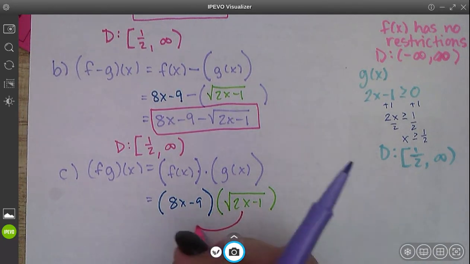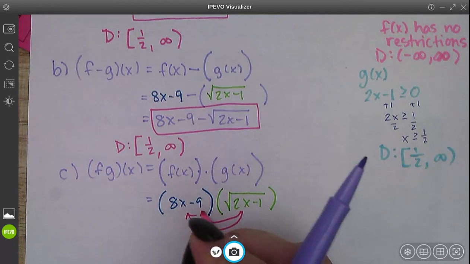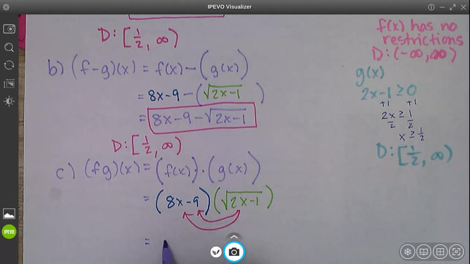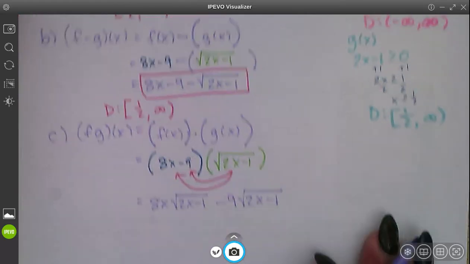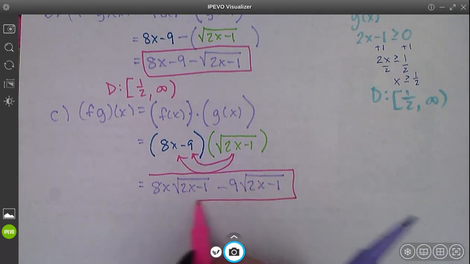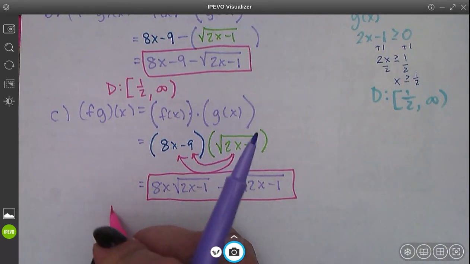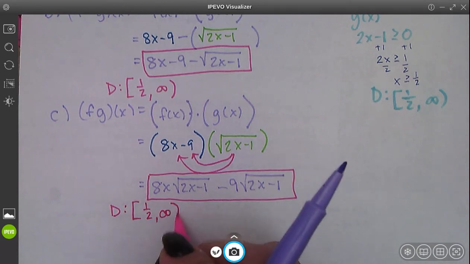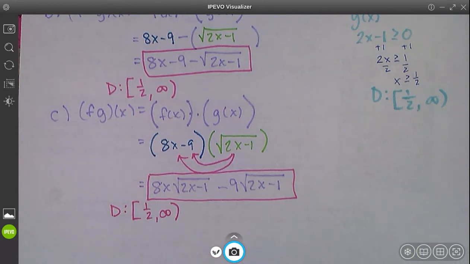So I can distribute square root of 2x minus 1 to both of these terms, which would leave me 8x square root of 2x minus 1 minus 9 square root of 2x minus 1. Now I can't combine anything, so that's just going to be the final answer. And then the domain will be the same as it was in A and B, from 1/2 to infinity, because it's the overlap between those two sections.